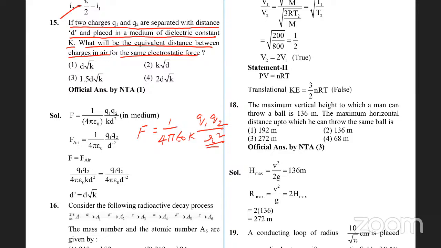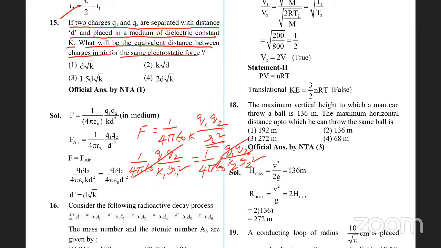Suppose the two charges are in different medium, to exert the same electrostatic force, what is the concept? 1 by 4 pi epsilon naught Q1 Q2 by K1 R1 square must be equal to 1 by 4 pi epsilon naught Q1 Q2 by K2 R2 square.